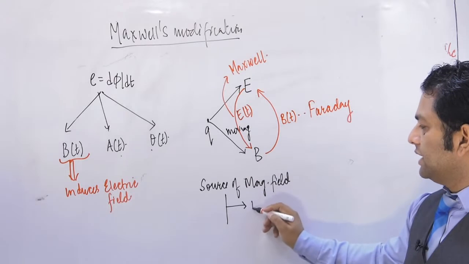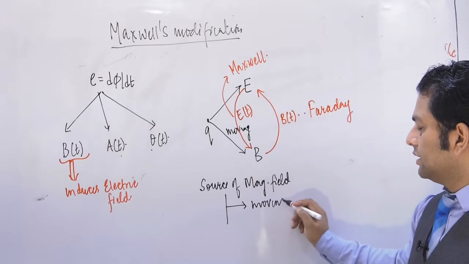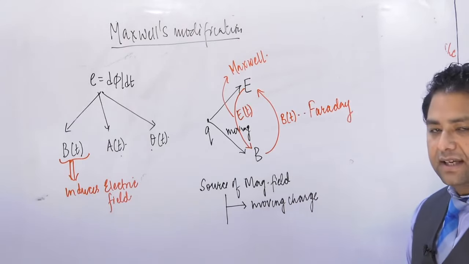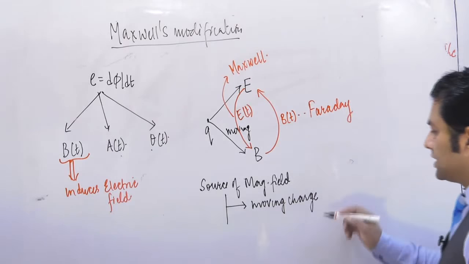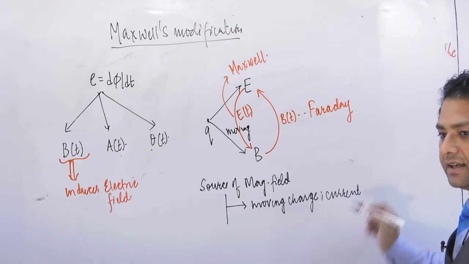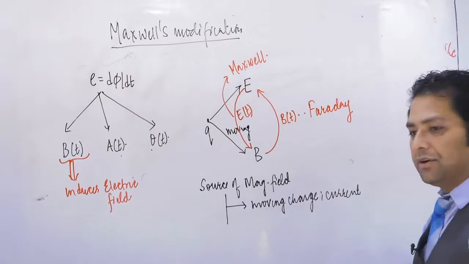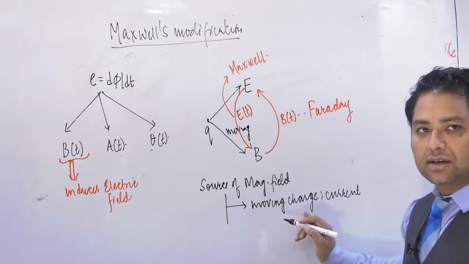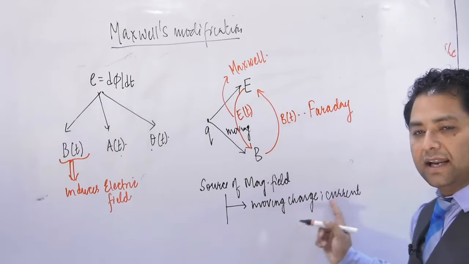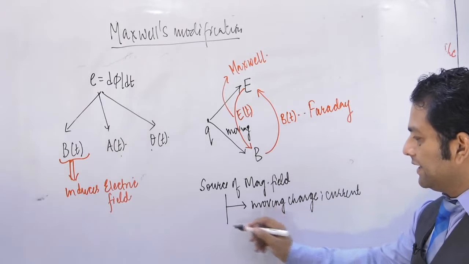The first source is a moving charge, and this is what we had done very specifically. That moving charge, or you may also say current, is what we have seen using Ampere's law and all those events, that a moving charge produces magnetic field. So Biot-Savart's law and Ampere's circuital law is hidden here.